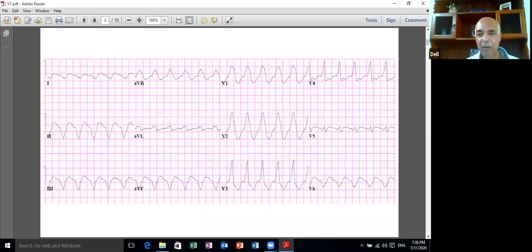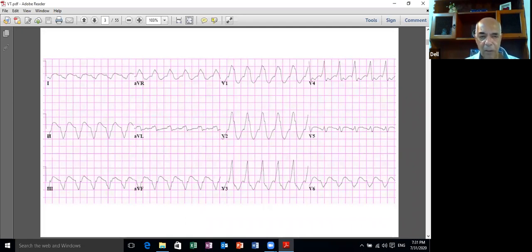If you are still confused, then you start to look at the electrical differences between supraventricular and ventricular tachycardia. If you look into V1, this is a typical right bundle branch block because the initial R is wider, and the QRS complex here, if you calculate it, is 0.22. Any right bundle branch block above 0.14 of a second is in favor, but not diagnostic, of ventricular tachycardia.